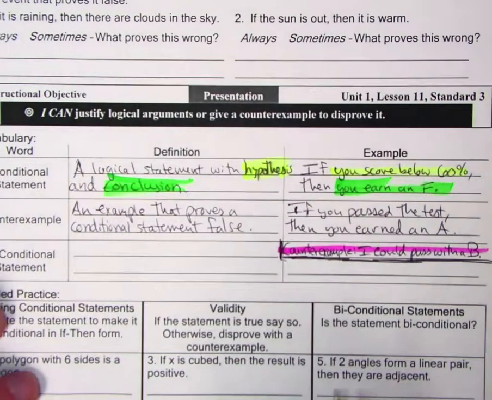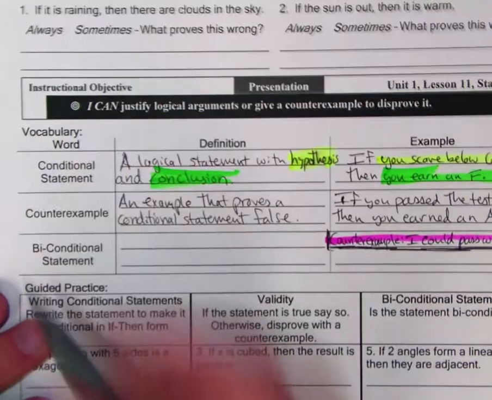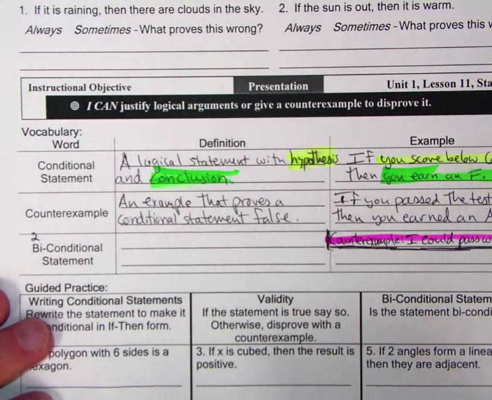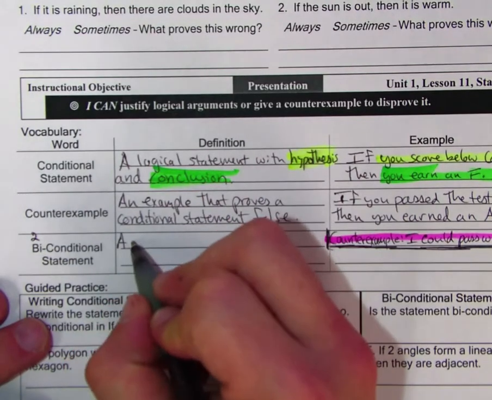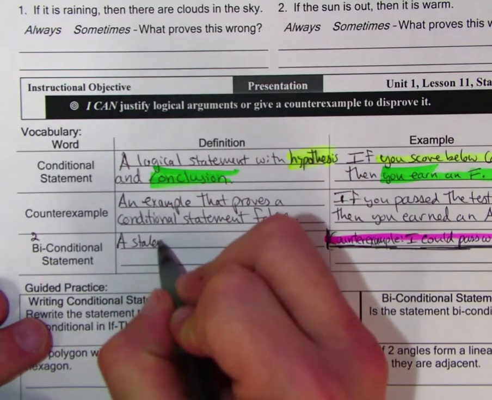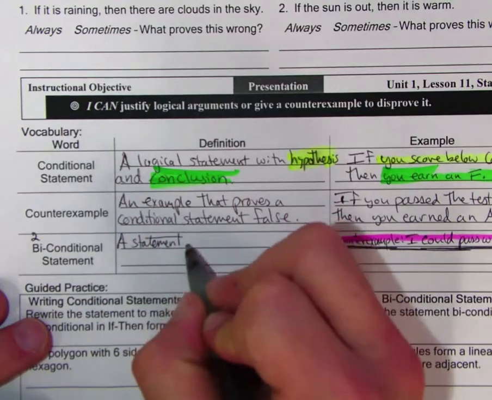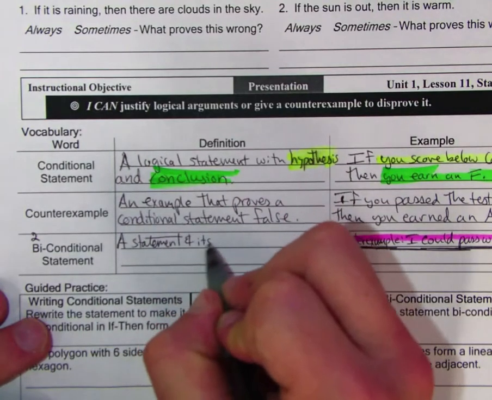Now, what about something that's biconditional? Bi means two, and what it really means is it can go two different ways. Let's say, for the definition, what it means is a statement, so a conditional statement, and its converse.